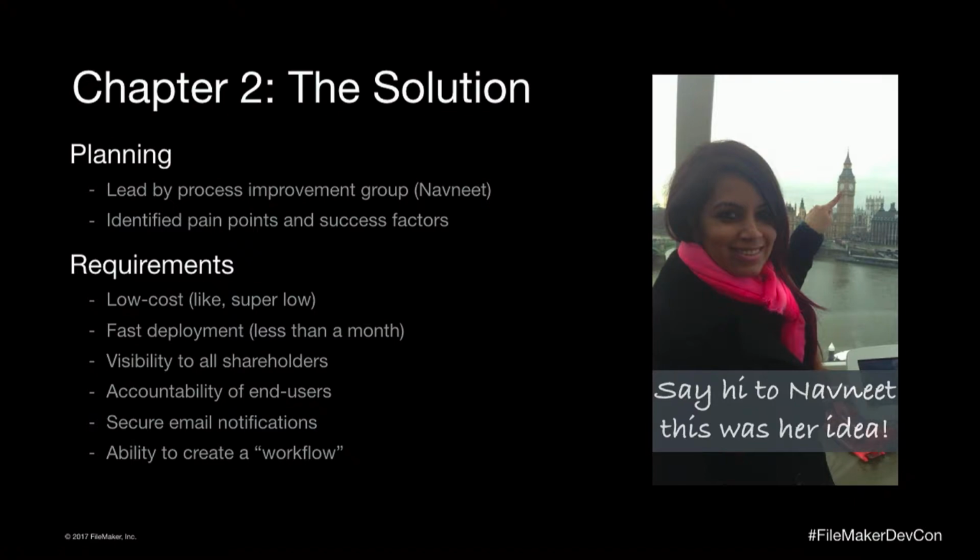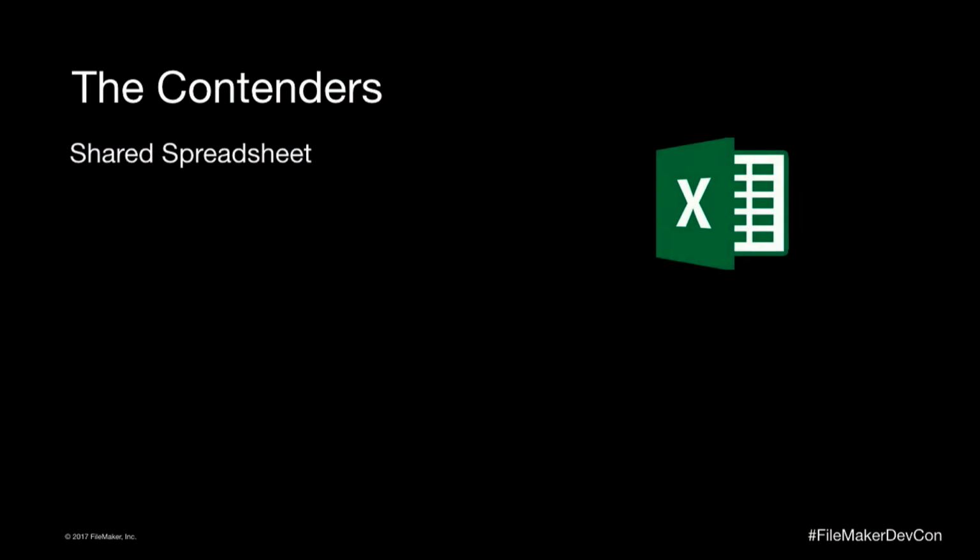So first, we started, even before we considered going to FileMaker, we put everything on the table to see what other options we had to get something built quickly, because we had a concern that even with FileMaker, we might not be able to hit the deadline of 3 or 4 weeks.